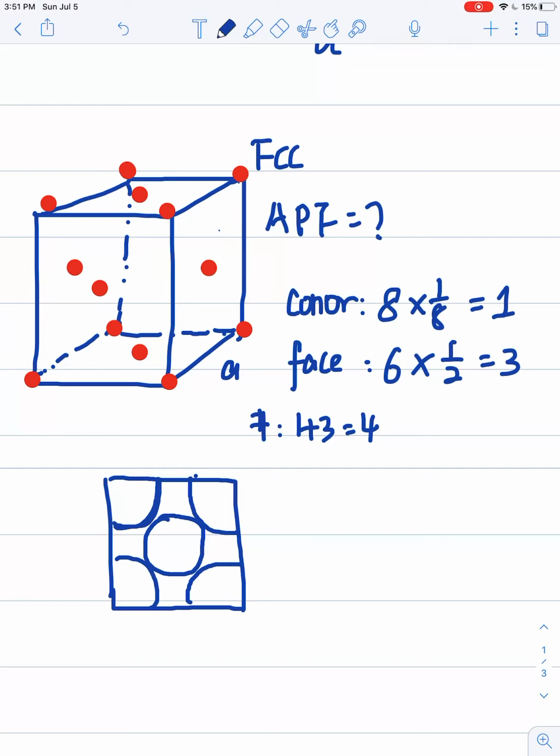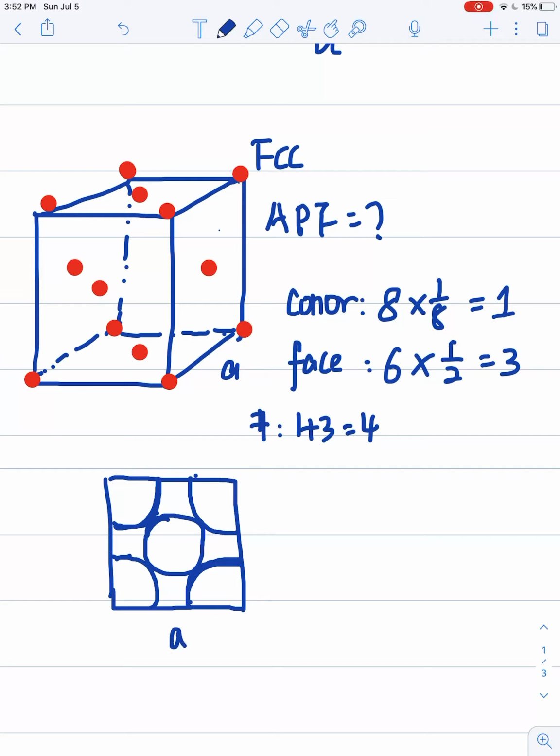So the cross-sectional diagram is going to look like this. The atoms at the corners won't touch each other. However, the atoms at the face center will touch all 4 atoms at the corners.